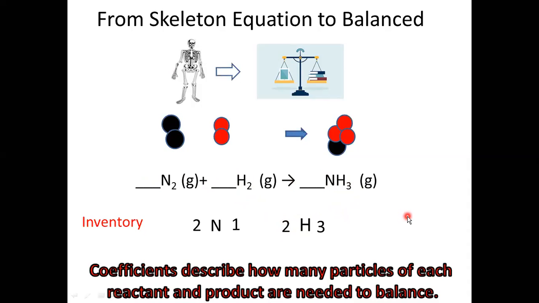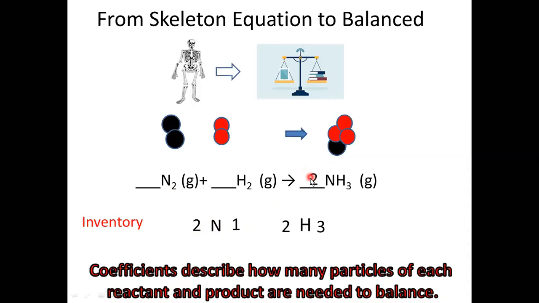So where do we begin? There really aren't any hard rules about where to begin, but we know nitrogen's not balanced, so why don't we begin with the nitrogen? We see that there are 2 nitrogen particles on the left side, but only 1 on the right side. That tells me a multiplier is needed.